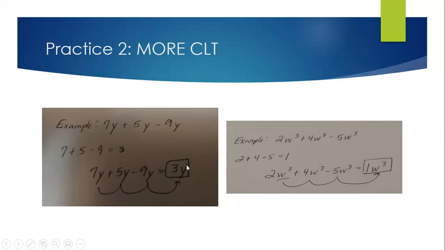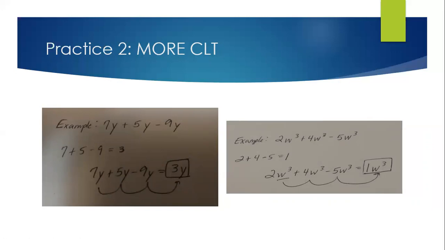We're adding and subtracting terms. So I add those, subtracted that one, and I got a new coefficient, which is 3. And the y stays the same. 3y. That's the final answer. That's it. That's all we can do.